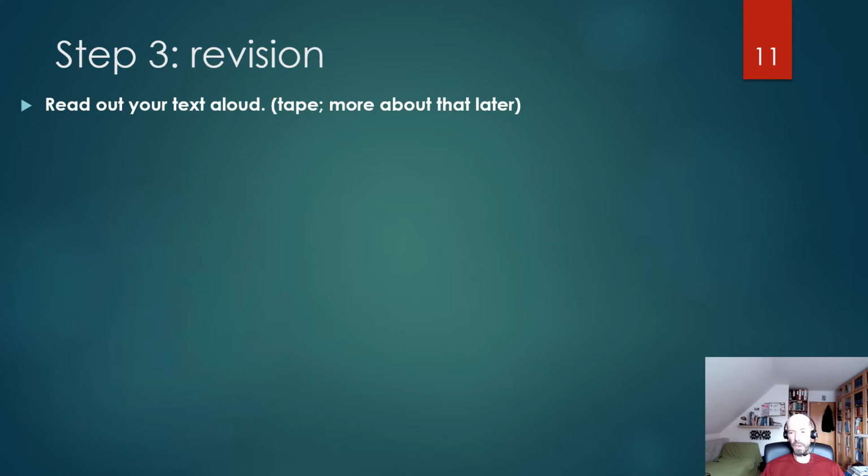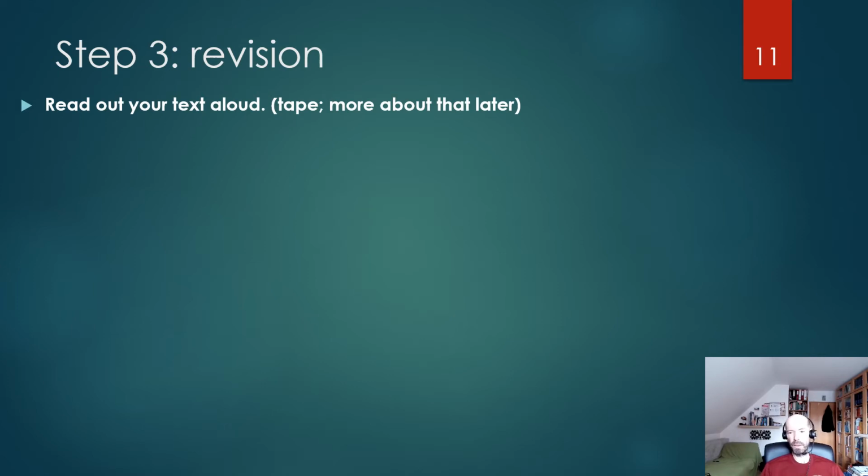Generally, it's a good idea to read out your text aloud or have it read to you by someone else, because this will point out to you the things that are awkward, things that are repeated perhaps, or things that you simply can't understand any longer, although you wrote them yourself just a few hours ago, perhaps.